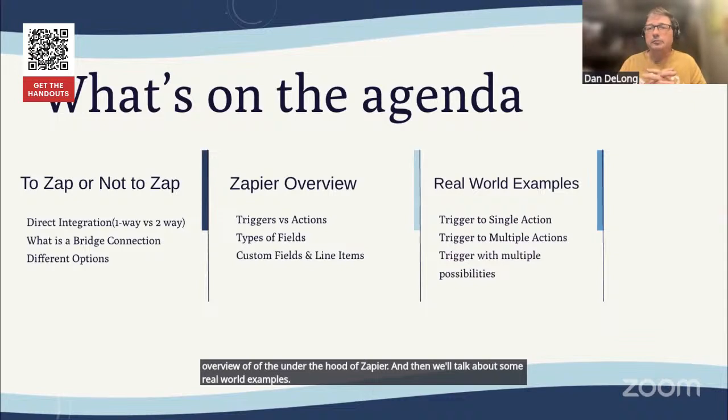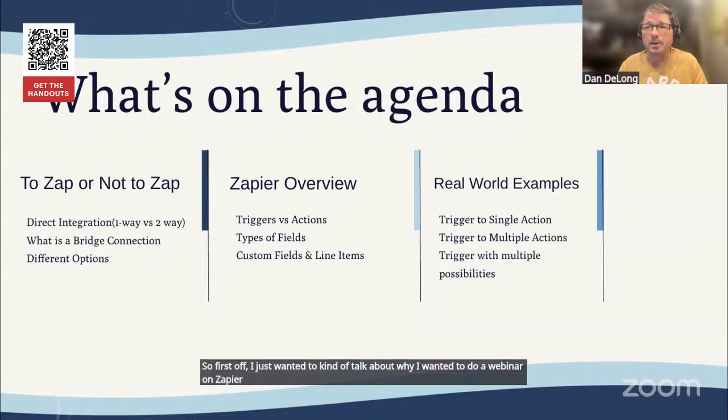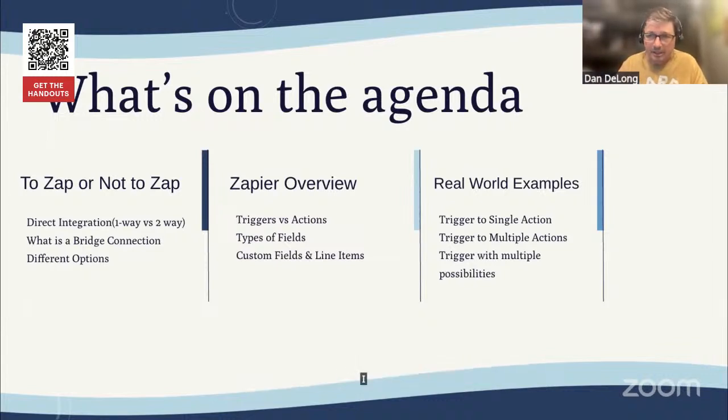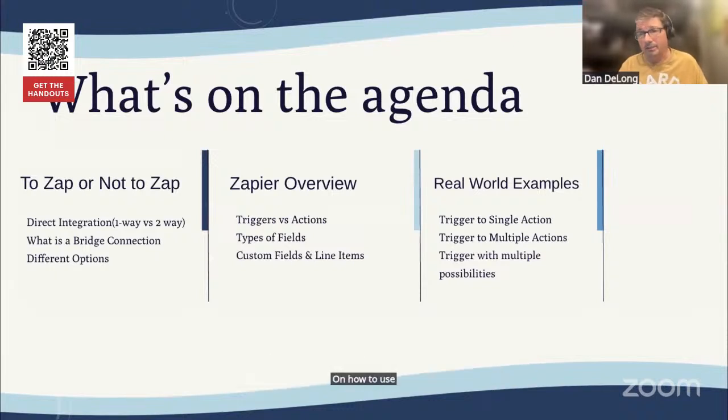So first off, I just wanted to talk about why I wanted to do a webinar on Zapier, because this is the QB Power Hour, and we're talking about a completely different application altogether. I went to Intuit Connect last year, and Blake, who did our little intro for us over at Earmark, did a wonderful breakout session on how to automate advisory types of things using a couple of applications.